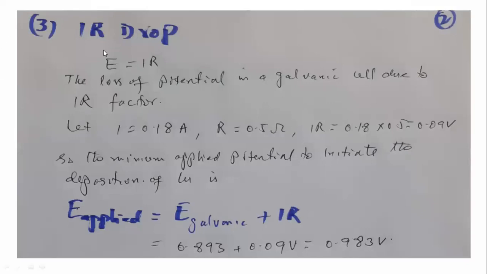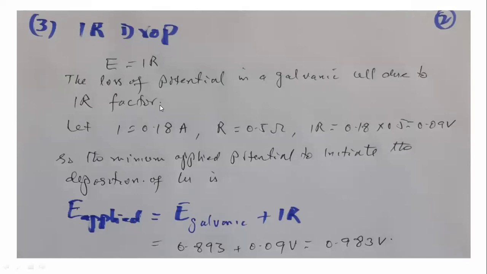IR is actually Ohm's law. E is equal to IR. This is the current, this is the resistance, and the product of both is the potential. So even when you get the potential in a galvanic cell, there is a loss of some of the potential due to the IR factor. That means due to the resistance of the wire, you observe less potential in a galvanic cell.